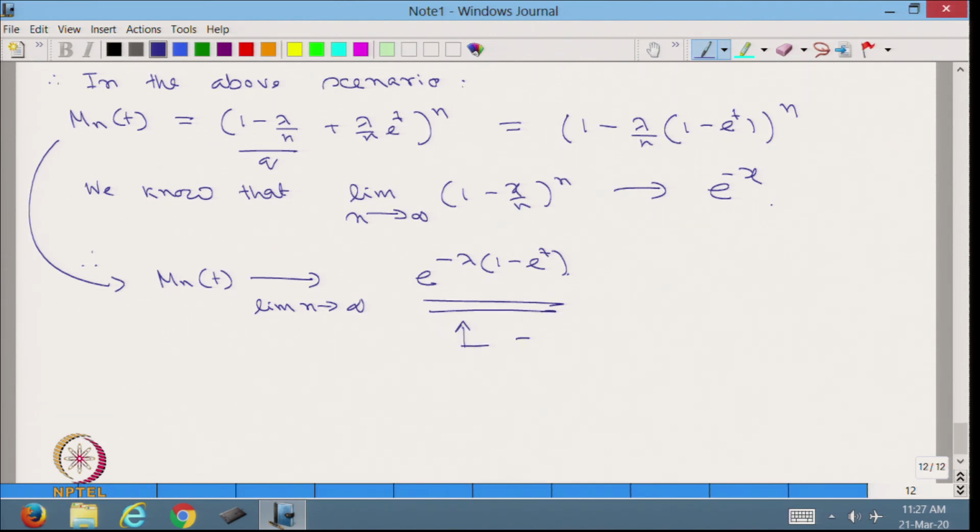This is the MGF of a Poisson random variable with parameter equal to lambda.